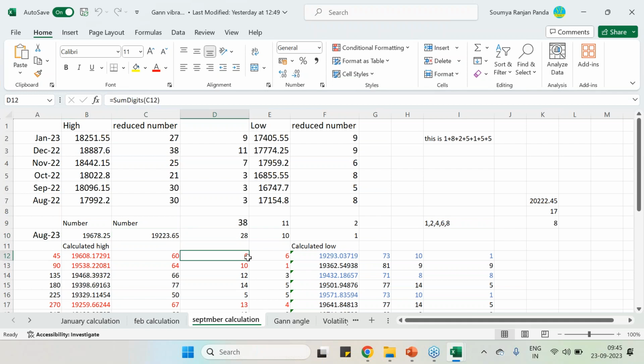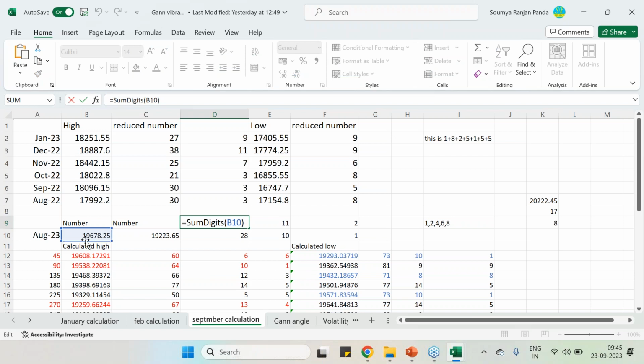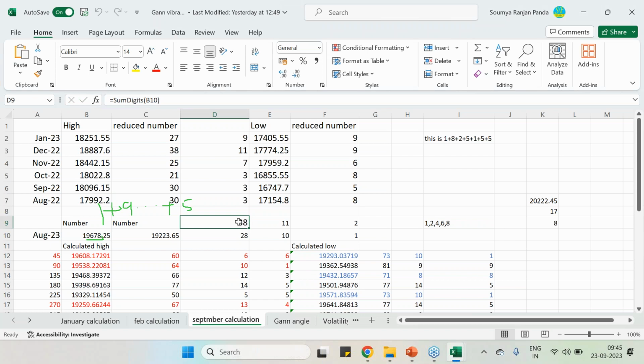You have to reduce that to a single digit number. So I have written a small macro function to get it. So here what I am doing, I am just reducing the 19,678 to a single digit number. If you add 1 plus 9 plus 6 plus 7 plus 8, and so on, plus 5, last is 0.25, it will reduce to 38.